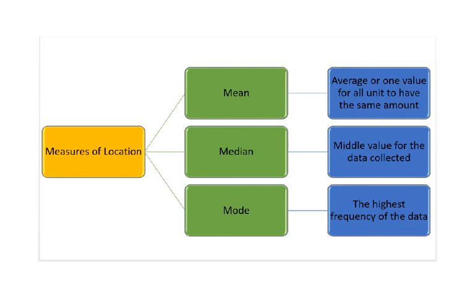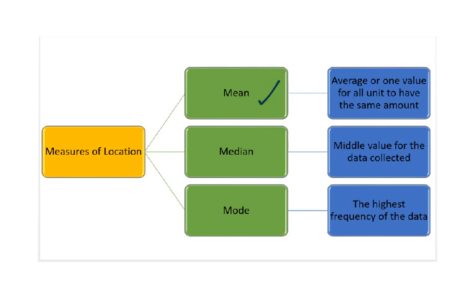For the first subtopic, we are going to learn about the measures of central tendency, also called measures of location. In measures of location, we have three values that we need to calculate: the first one is the mean, the second one is the median, and the third one is the mode. The mean is the average, or one value for all units to have the same amount.